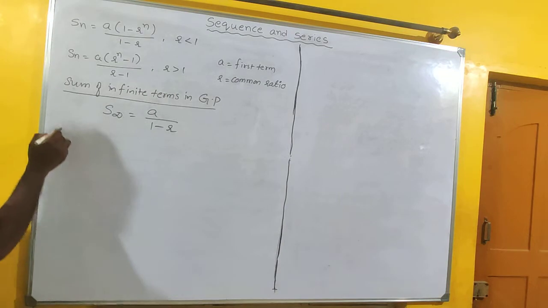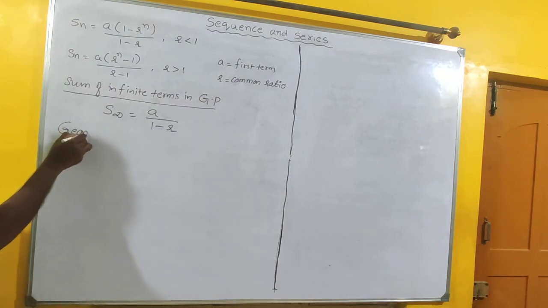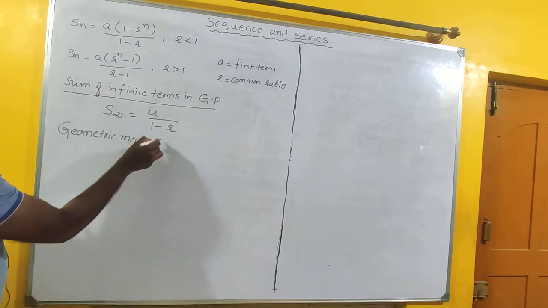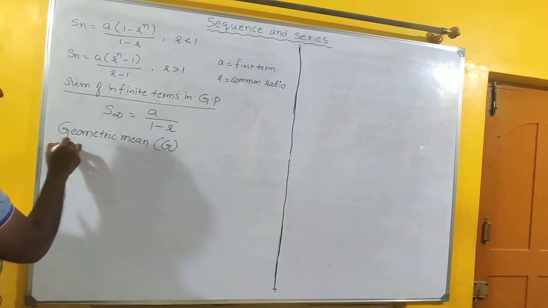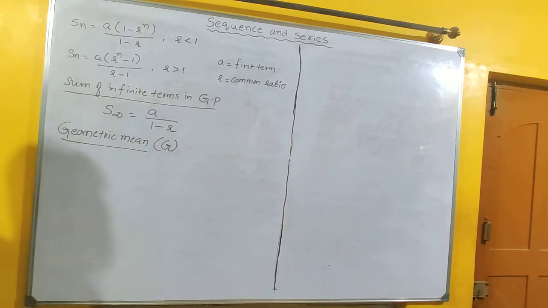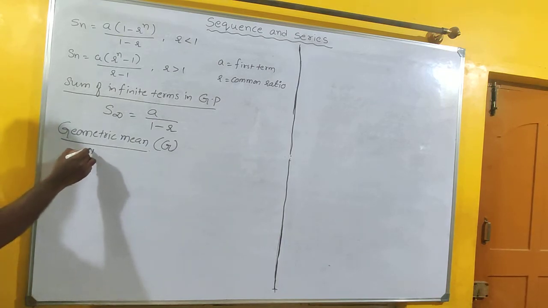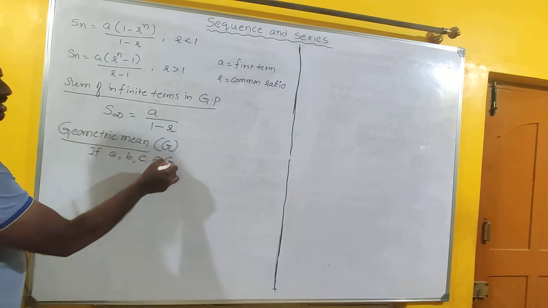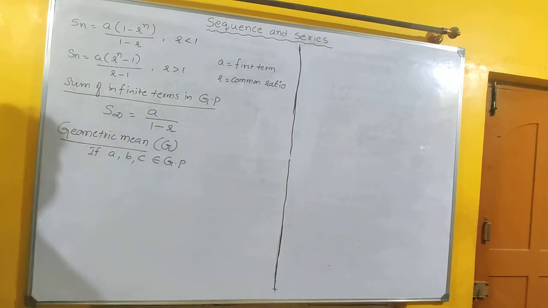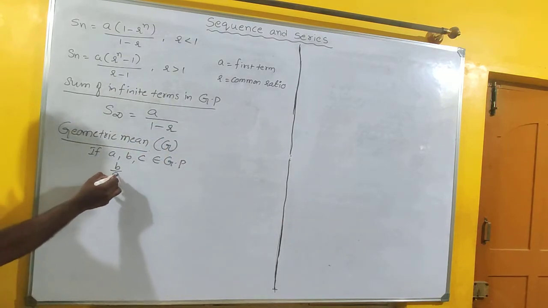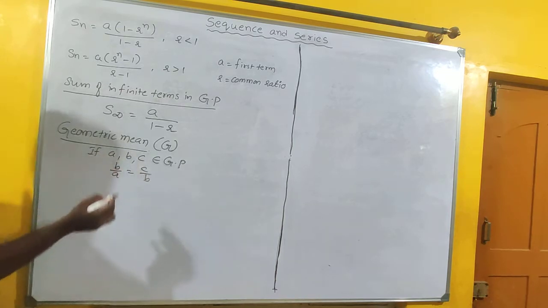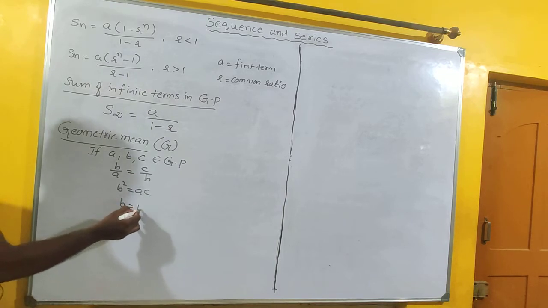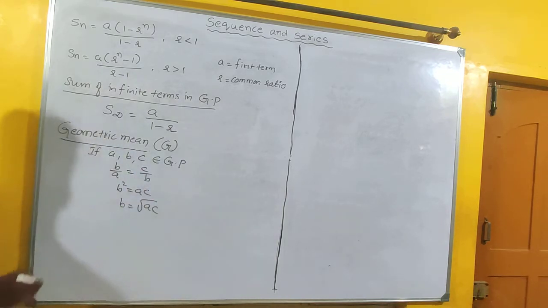Next, geometric mean, that is G. What is meant by geometric mean? For example, if three numbers A, B, C belong to GP, it maintains a common ratio, then B by A is equal to C by B. Cross multiply: B square is equal to AC, then B is equal to under root of AC.